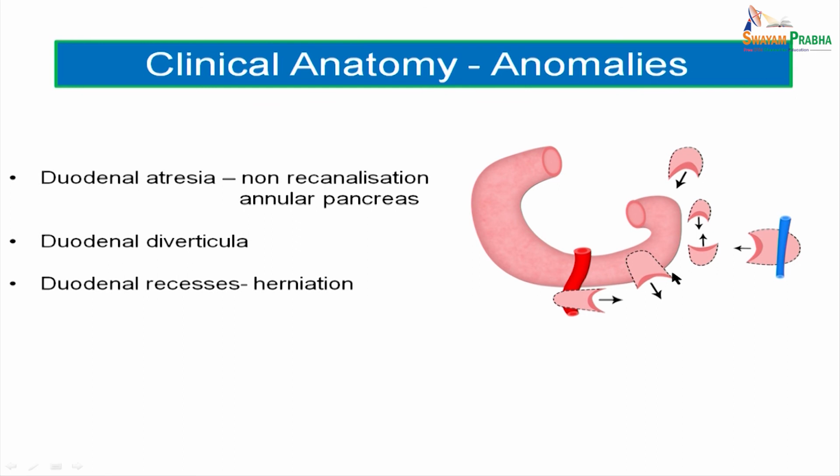Any internal structure can herniate into these and result in strangulation. So, one has to be really careful when we have these peritoneal recesses. And special mention about the inferior mesenteric vein, which is in relation to the paraduodenal recess.